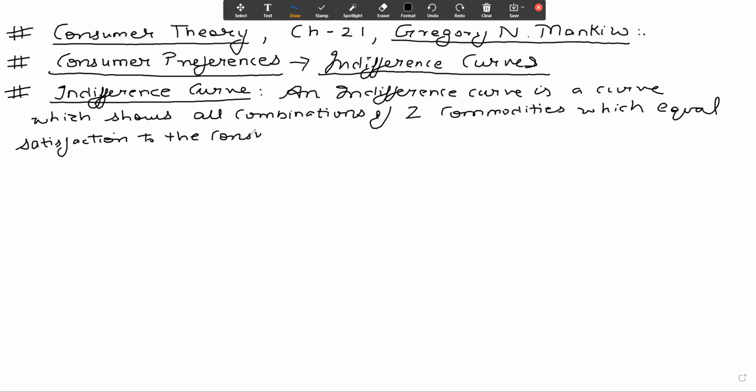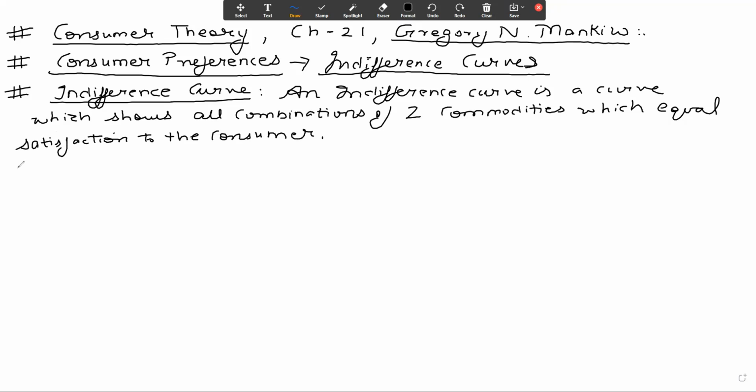Okay, so when we talk about indifference curve, it is drawn in the 2D space. Okay, we have two axes, x and the y axis, and it is a locus of all points which show combinations of two commodities which give equal satisfaction to the consumer.